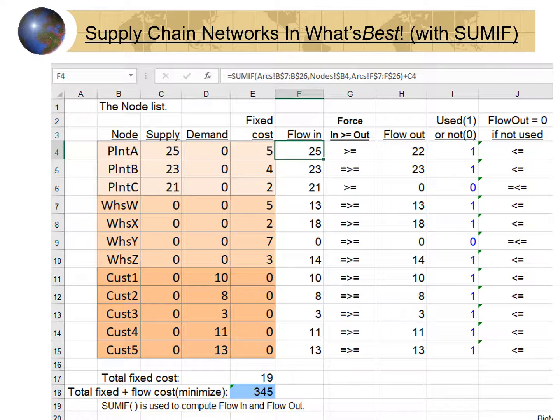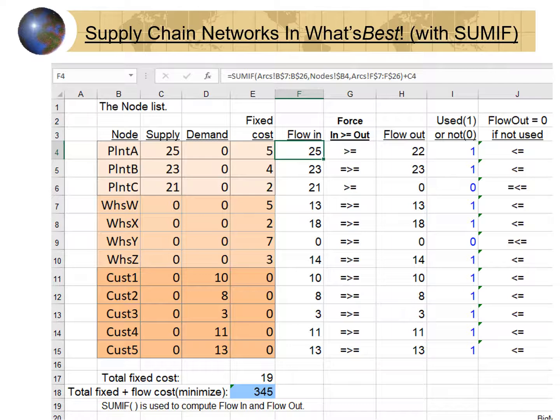So we have this vector in column I, a 0 or 1, depending upon whether we decide to include a particular distribution center in our analysis. And then we'll have constraints in G and column J, which force us to satisfy the various constraints.